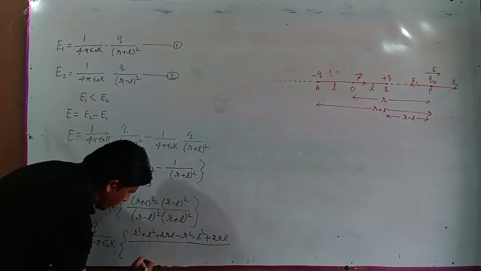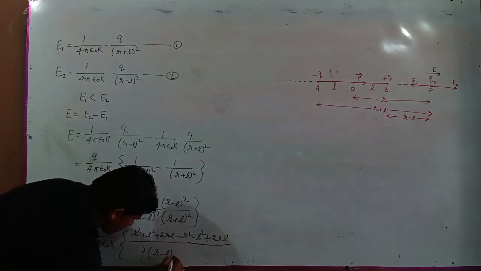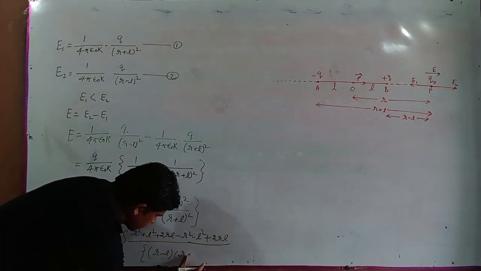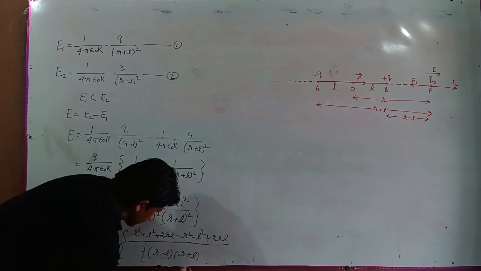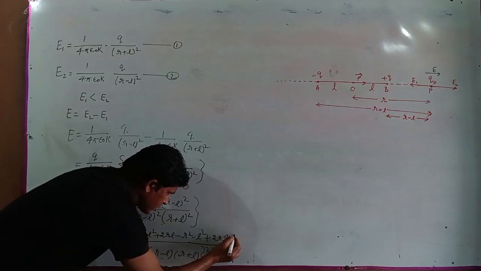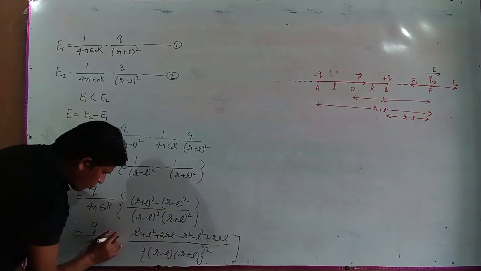And here on the denominator, in the curly bracket, (R minus L) times (R plus L) whole square, the curly bracket. And here will become close the box bracket, and here will also become open box bracket.